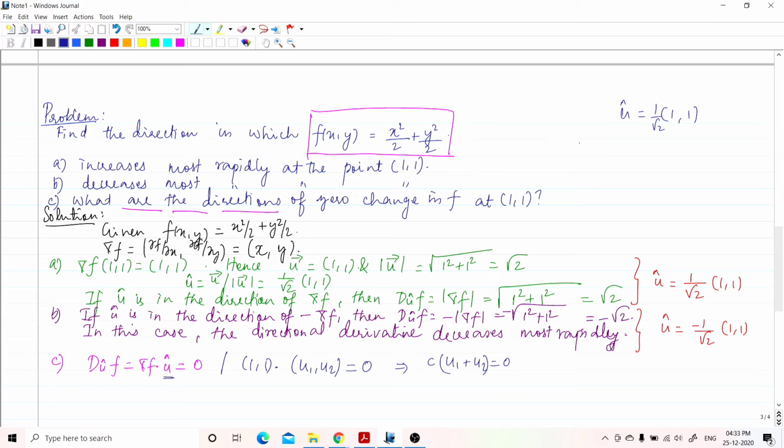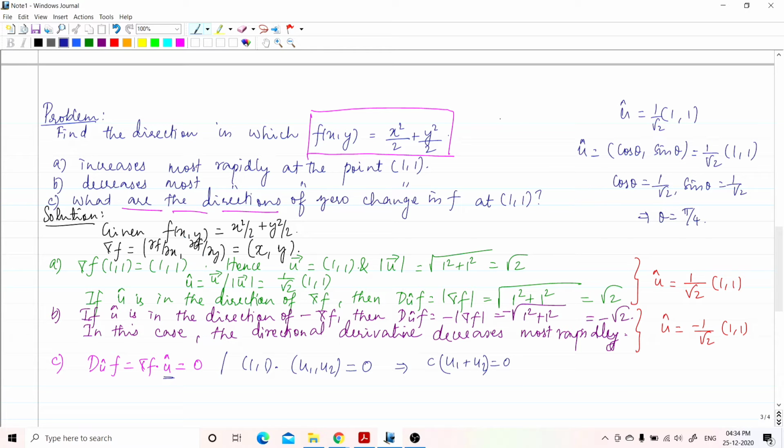I have told you that your u cap can also be written as (cos theta, sin theta). When you equate this to 1 upon under root 2 (1, 1), your cos theta is 1 upon under root 2, your sin theta is also 1 upon under root 2, which tells you your theta is 45 degrees, that is pi upon 4.